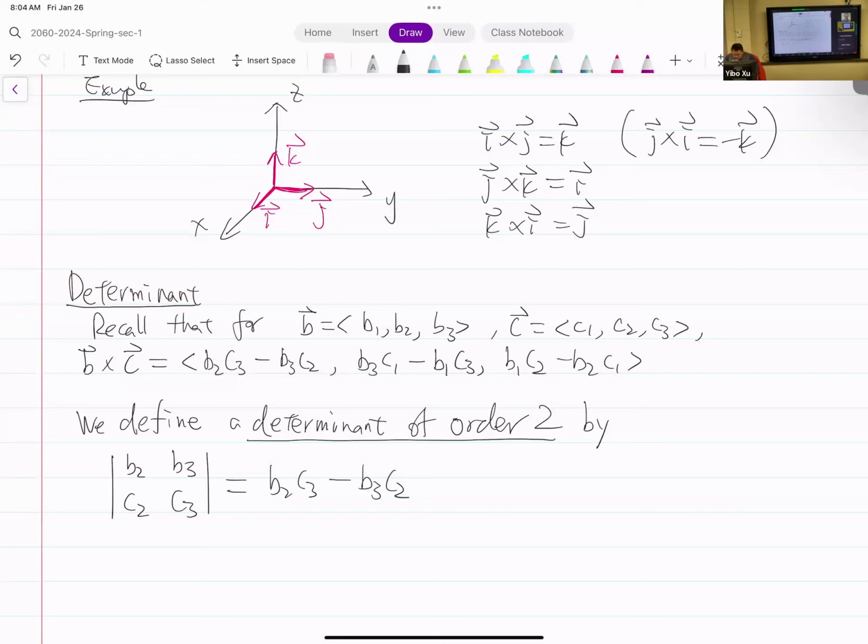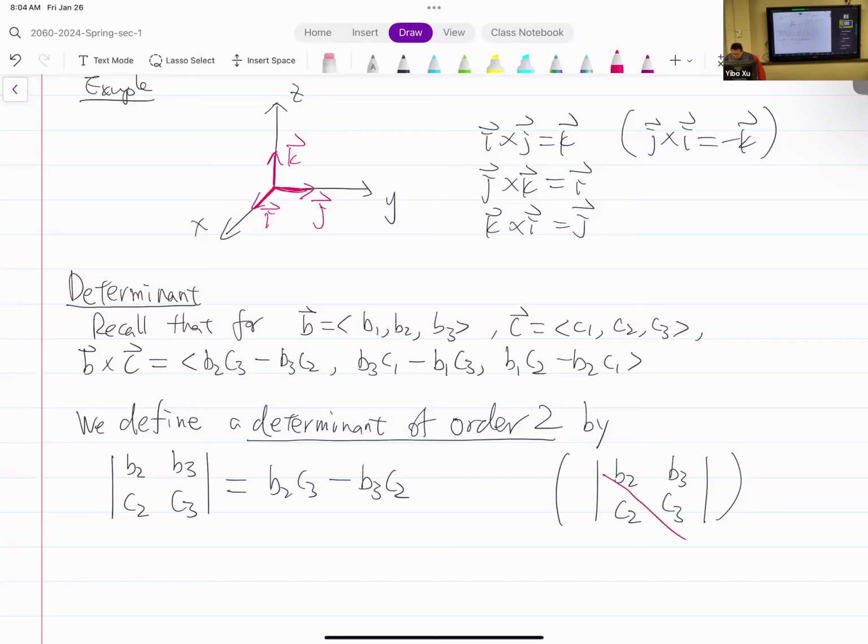And if you look at these products, this is multiplying the numbers on the diagonal minus the product of the numbers on the off diagonal. Okay. So B2, C3, right? Like this.